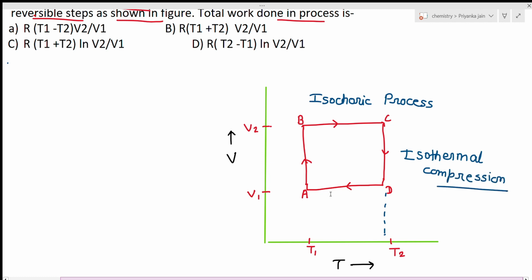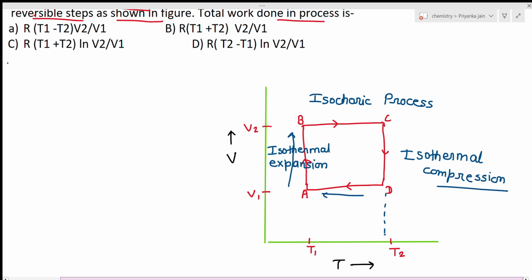Now see the A to D process or D to A process. This D to A process is an isochoric process because it is happening at the same volume V1. And similarly this A to B process is isothermal expansion.